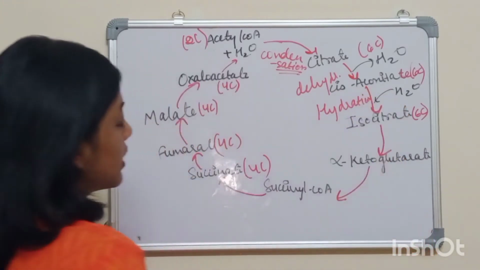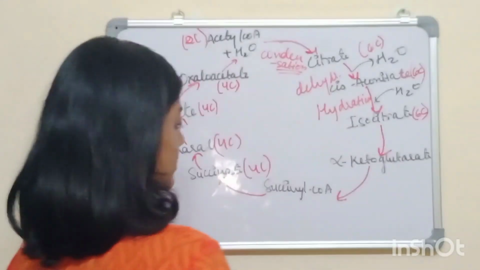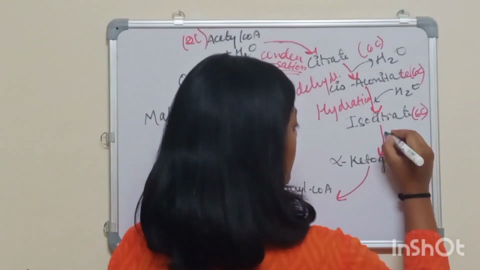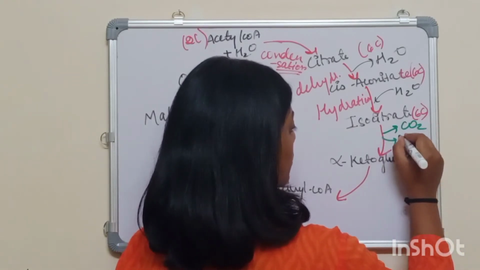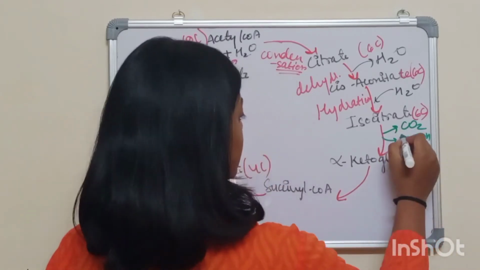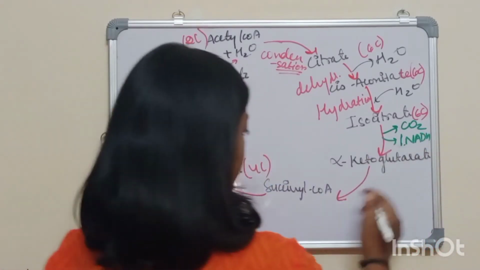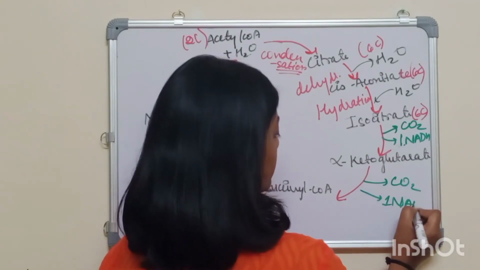Okay. Now isocitrate gets converted into alpha ketoglutarate, and there is release of one CO2 and production of one NADH. The next step also one CO2 is released and one NADH is produced again.